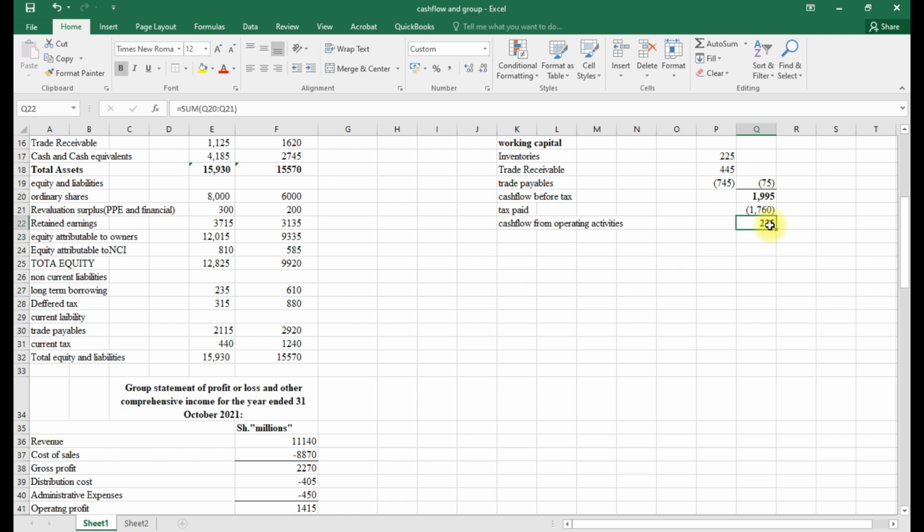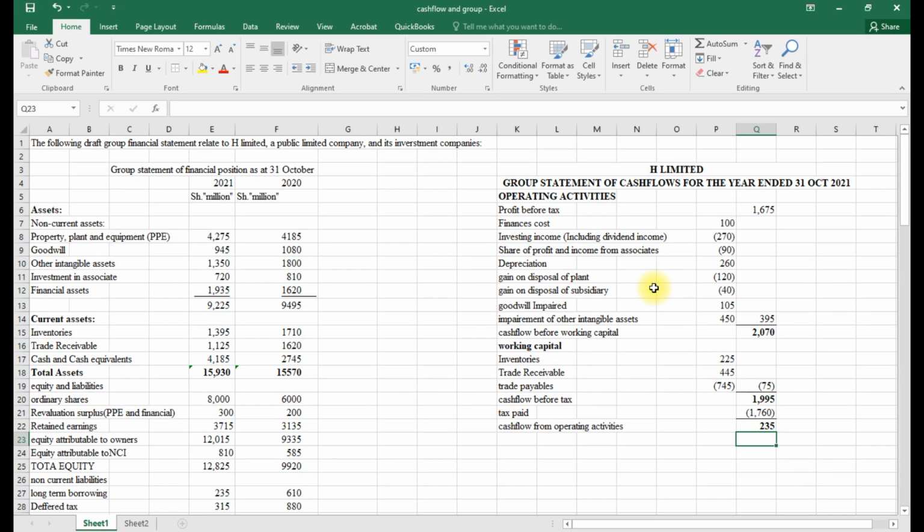So I'll bold this and I put the top border. That is the first part of this question, the operating activities. So the cash flow from that operating activity has come to 35.